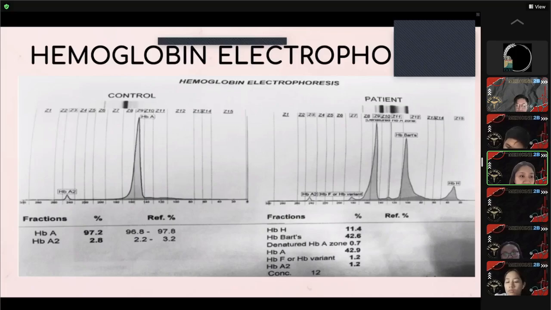And we can see in the electrophoresis result, there is a control and the patient's result, and we can see the spike, or there is an increase in the hemoglobin fraction of HbH and Hb Bart. Next slide please.